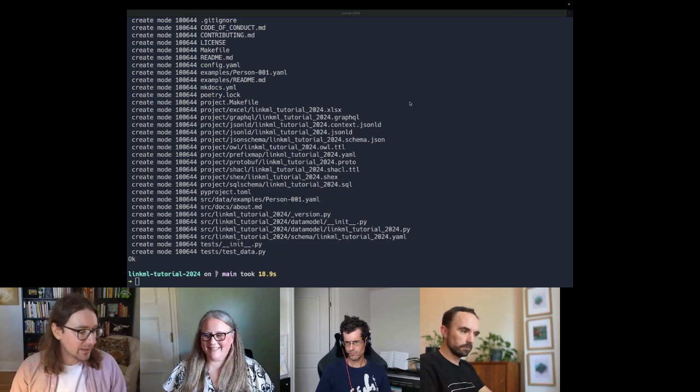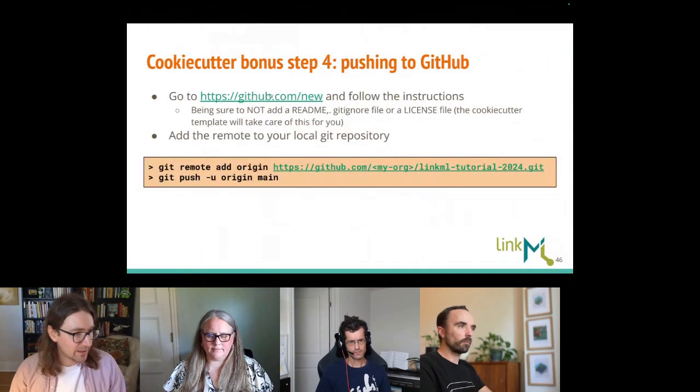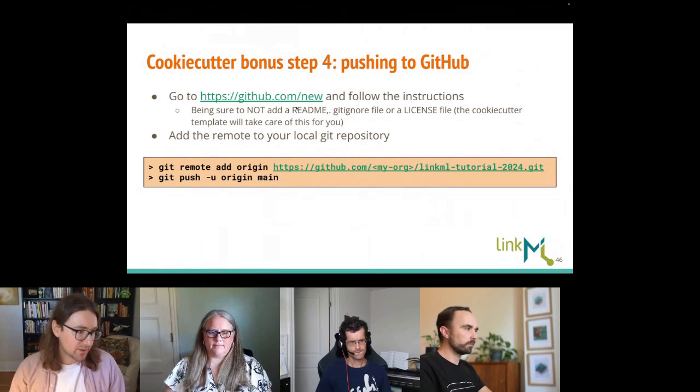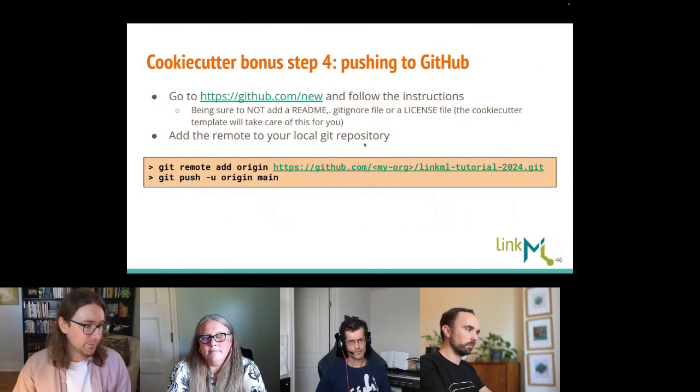So the last thing I want to do is put this on GitHub. You don't have to do this, but if you have a GitHub account and want to, push your repository up.